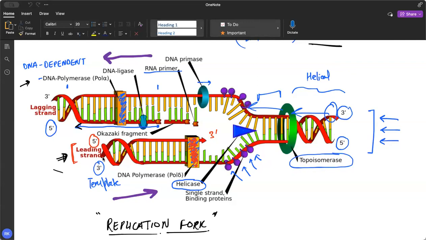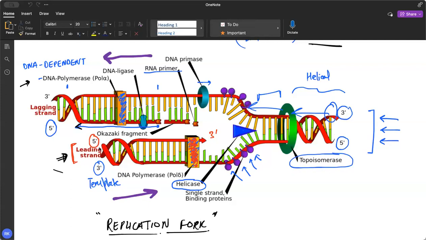And why so? Because the template strand of the leading strand is in 3' to 5' direction. So the complementary strand has to be made in 5 prime to 3 prime direction, which happens to be the direction DNA polymerase is working as well. So it's very straightforward.